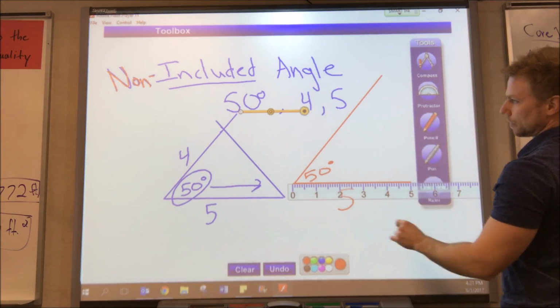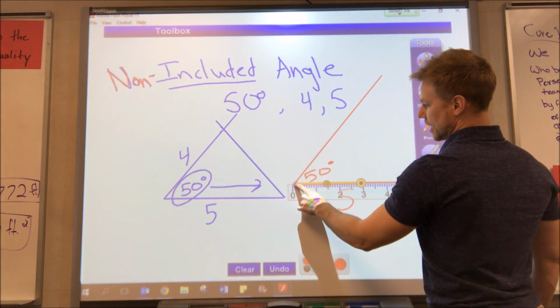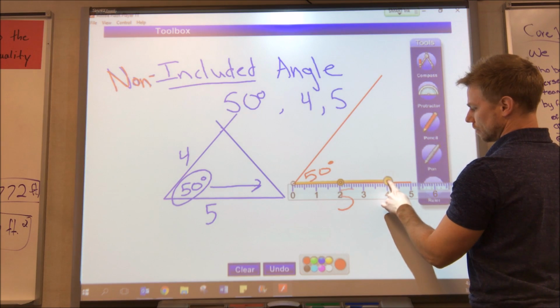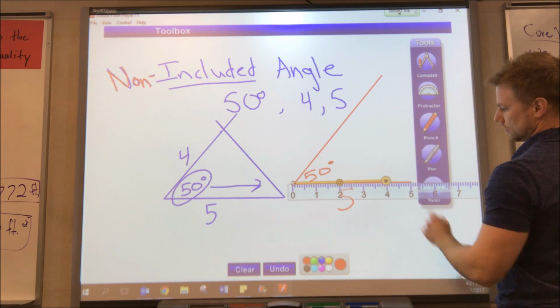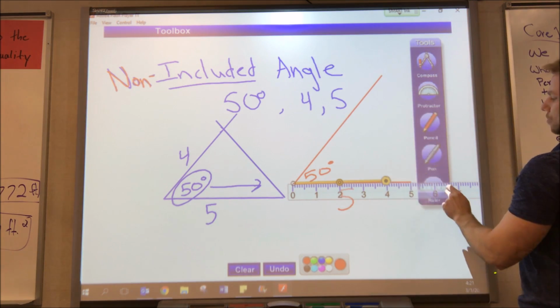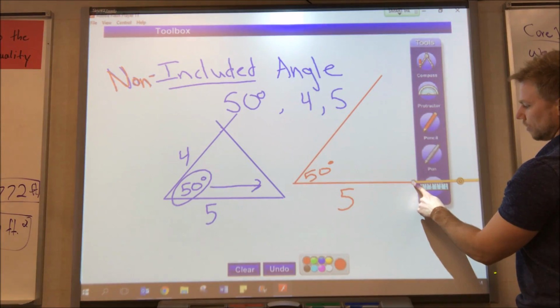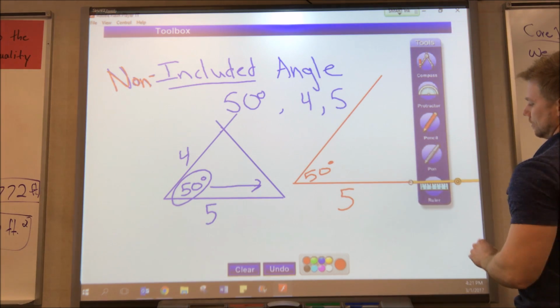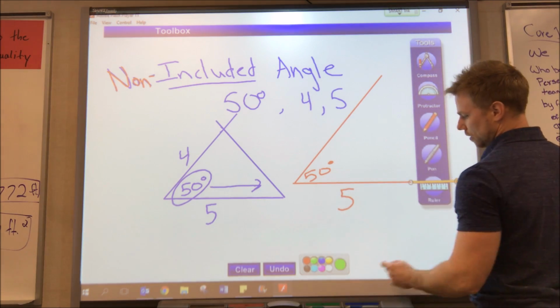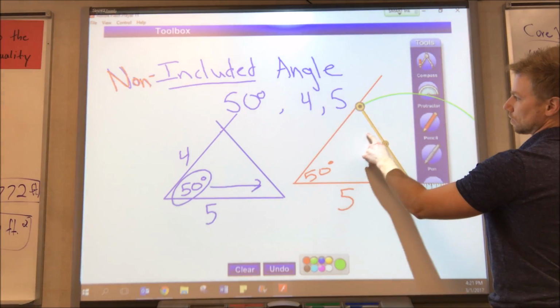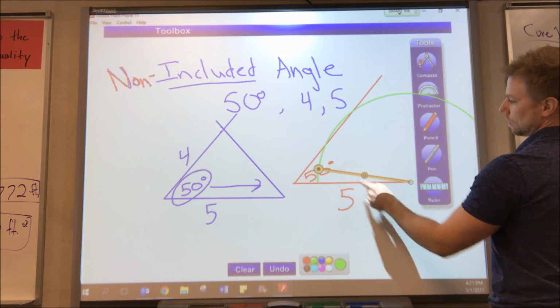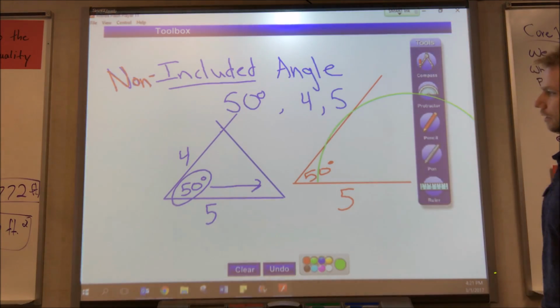So I'm going to take my compass, make it a length of 4, get rid of my ruler. It's still at a length of 4. I move it to the other side and now make an arc. Get rid of my compass.